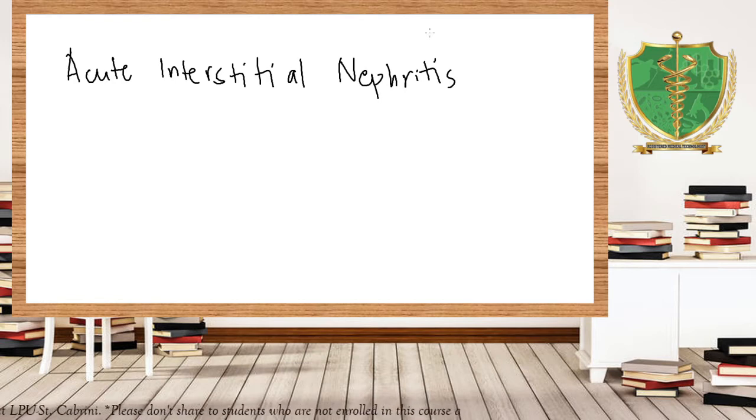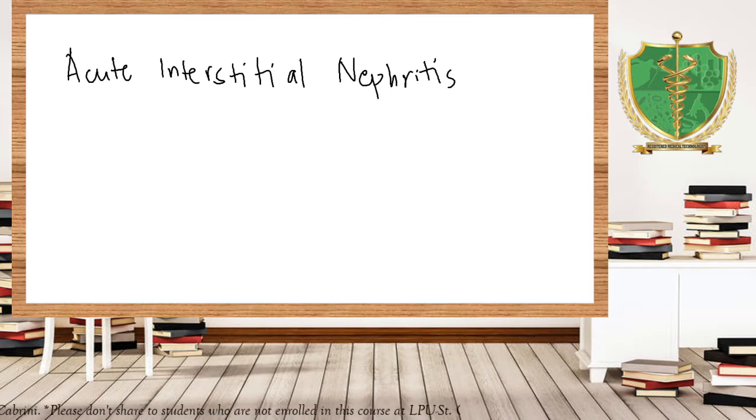Okay, so again, take note guys, the presence of eosinophils, 1% of eosinophils, is considered significant because that is an indication of allergic reactions and, of course, acute interstitial nephritis. Okay?